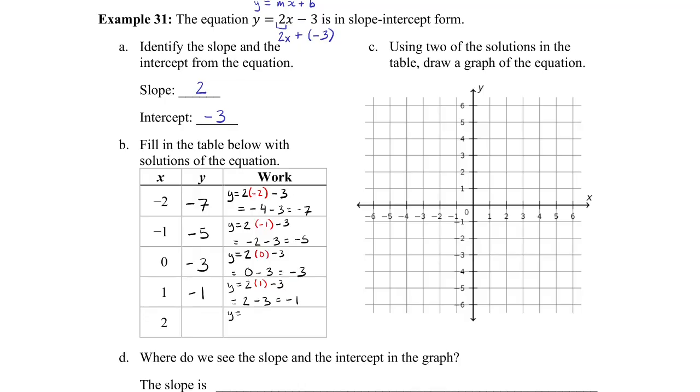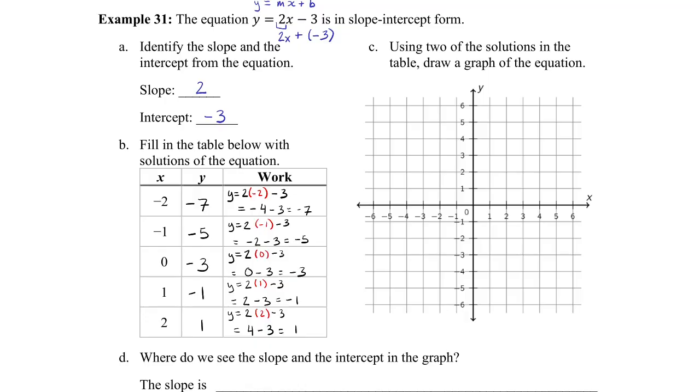If x is 2, y is 2 times 2 minus 3. 2 times 2 is 4 minus 3. And then 4 minus 3, of course, is 1. So when x is 2, y is 1. So we have this table where we have 5 solutions to this equation.